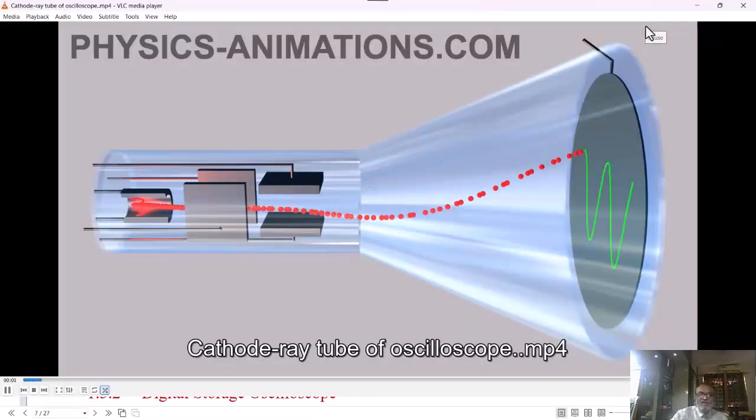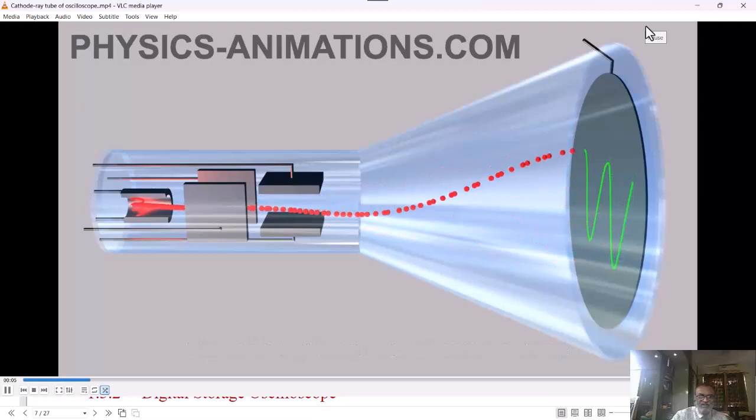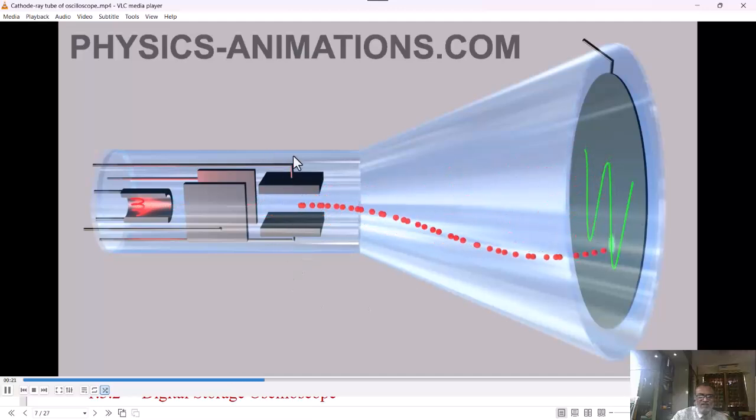This can be shown how it is happening in this video. Let us see. Here this cathode generates a beam and the focusing anodes create a sharp beam, whereas the voltage connected to horizontal plates moves the beam horizontally, and the voltage connected to Y plates deflects the beam vertically.